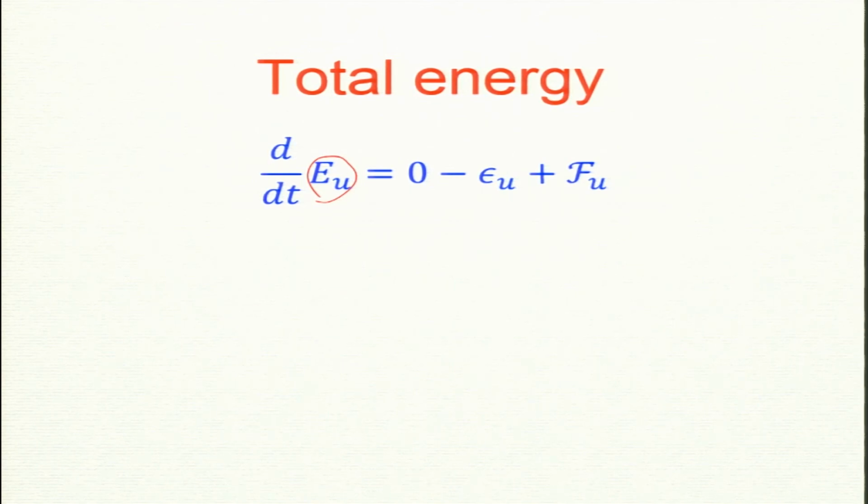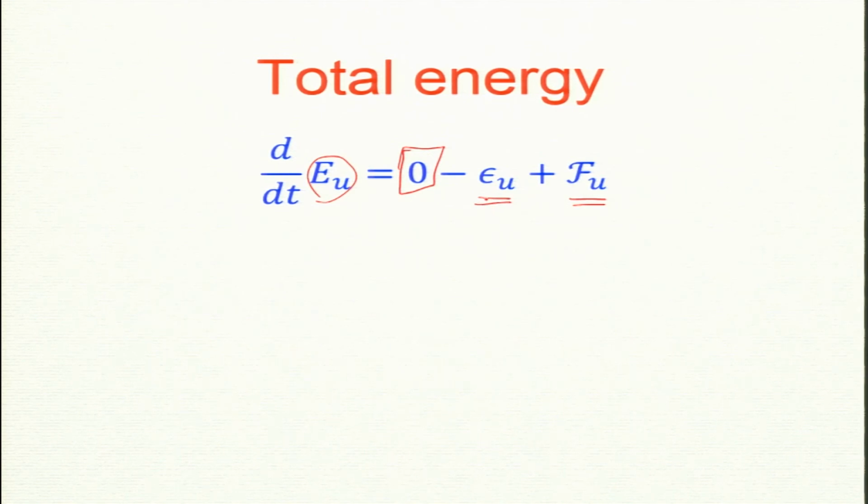Now the nonlinear term only exchanges energy among the modes themselves, which I will prove. This is to be proved: the nonlinear interaction does not increase the energy of the whole box, it only exchanges energy among modes in hydrodynamics. This is the energy injection rate, which could be positive or negative, and this is coming from dissipation.